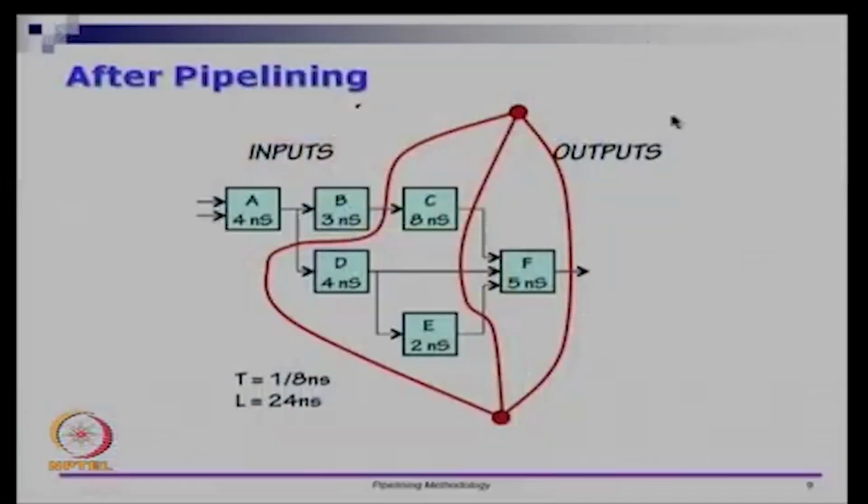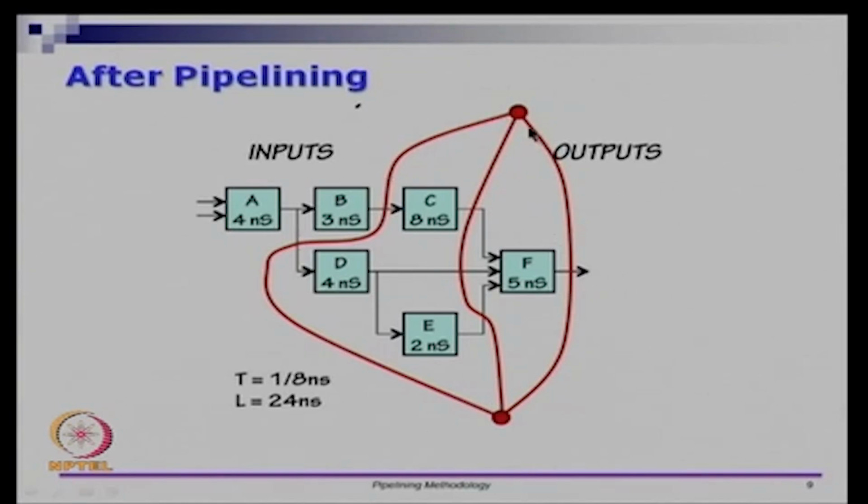So, this is after the pipelining. Let us see the circuit here. After pipelining, I have drawn this picture. So, the throughput is 1 over 8 nanoseconds and latency is 24 nanoseconds. And I have drawn this picture to show this red line means this is all one stage of pipeline, this red line means that is one stage of pipeline, and this red line means one stage of pipeline.